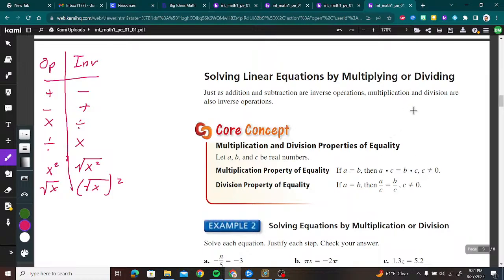This one's kind of interesting, because we have A equals B, and the problem comes down to the truth that when you multiply by 0, if C equals 0, you're getting both sides to just equal 0. Although that's true, it does lead to some questions.